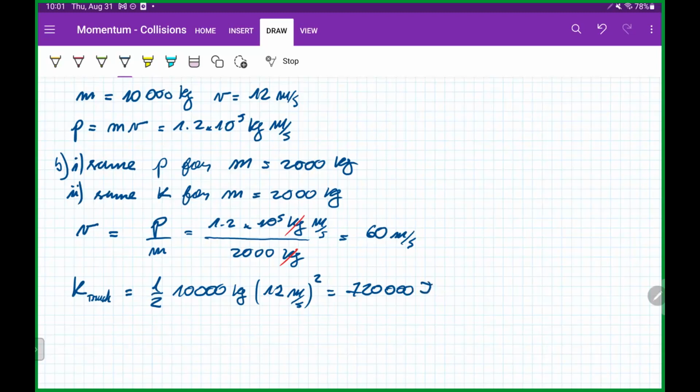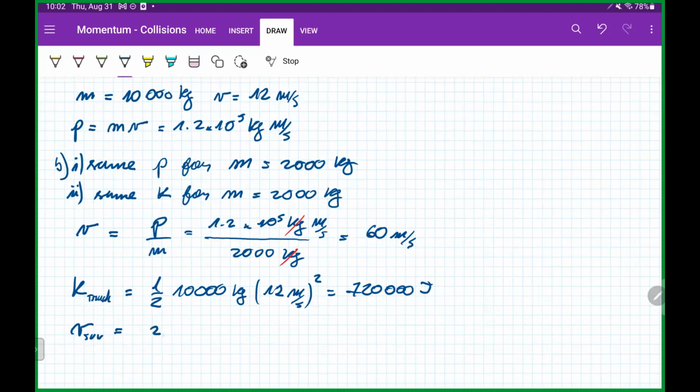And then we can plug in here the velocity of the SUV. We can get it from just working with the expression of the kinetic energy.